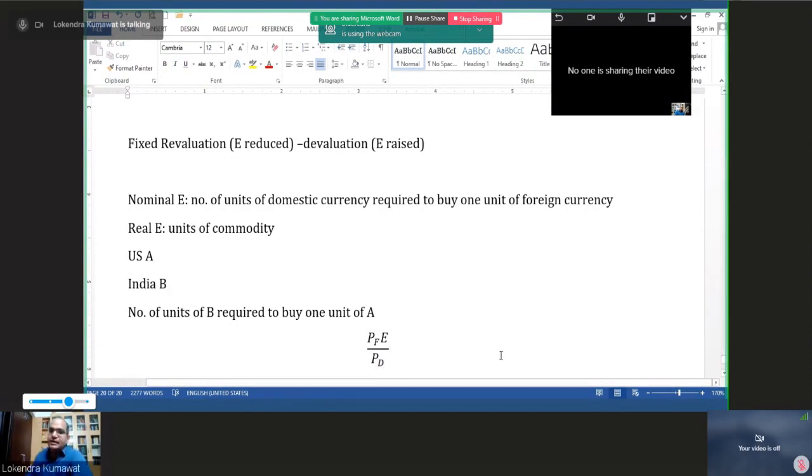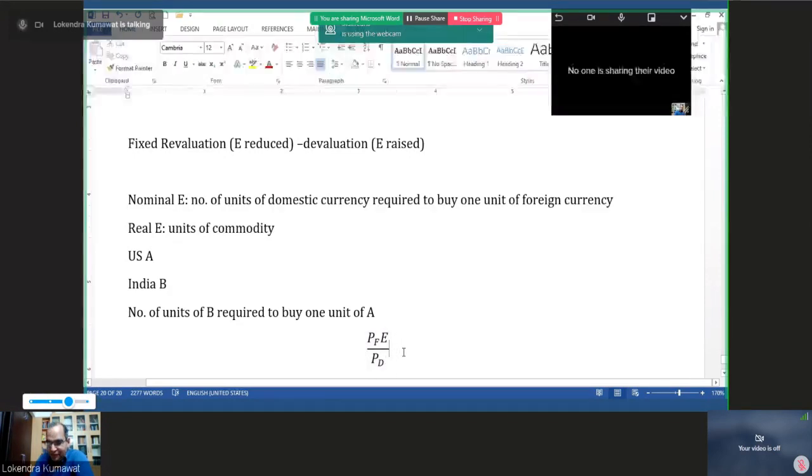The reason I highlighted this is very important. This tells you the relative price of foreign goods vis-a-vis domestic goods. Suppose this PF is very high, say $10, and E is this. So in terms of rupees, in order to buy this US commodity, you need PF times E rupees. In order to buy the Indian commodity, you need just PD.